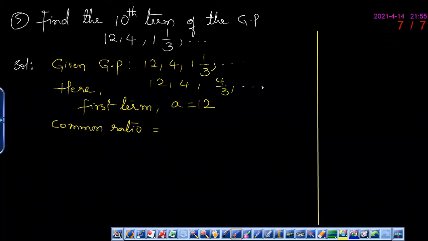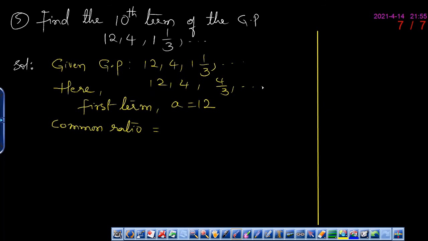Sir, in the question, do we need to show that the sequence is in GP? It is already given, Shivani. Find the 10th term of the GP.